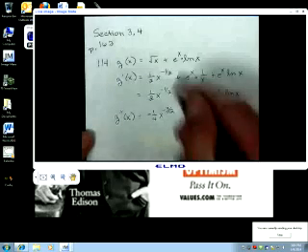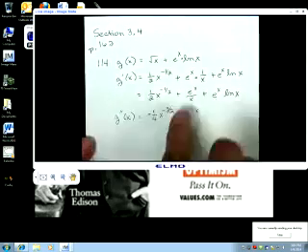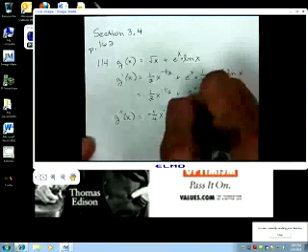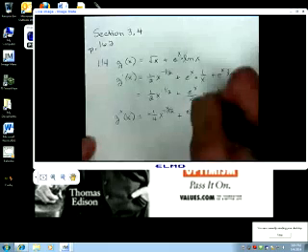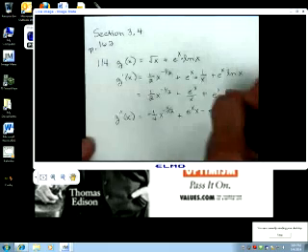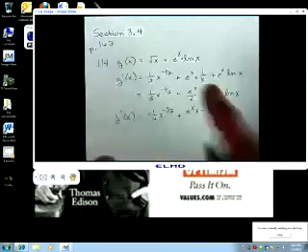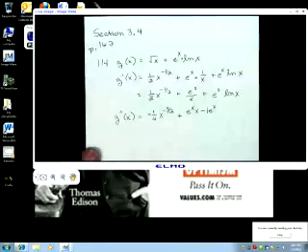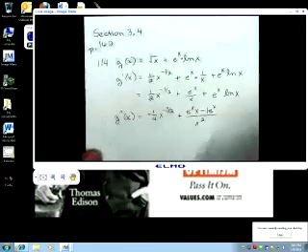Second term, by the quotient rule, start with the denominator times the derivative of the numerator, which is just itself, minus the numerator times the derivative of the denominator, but the derivative of the denominator is just 1. And that's over the denominator squared.